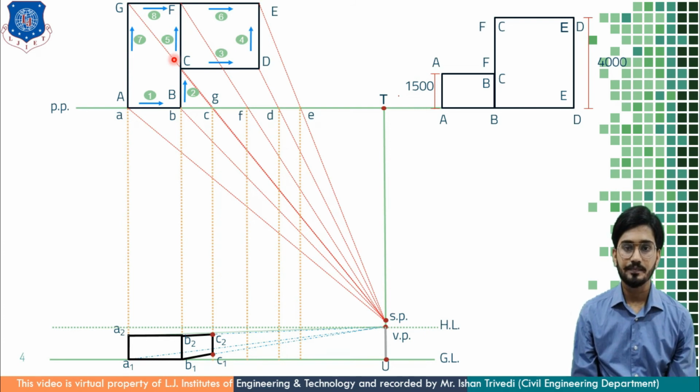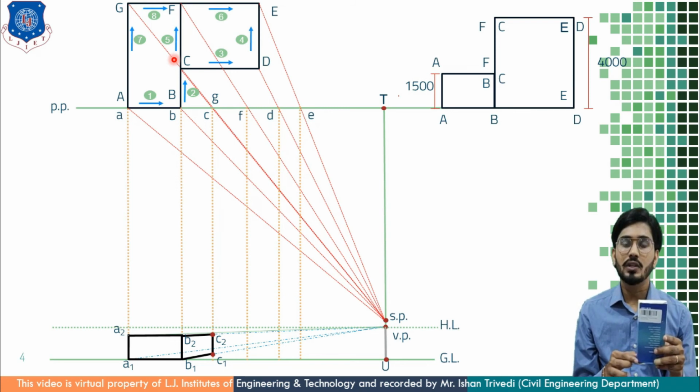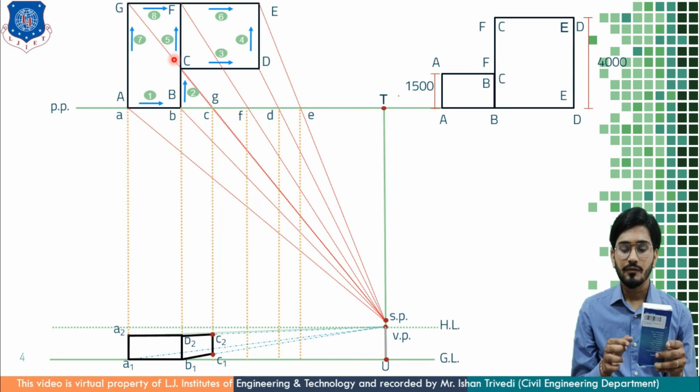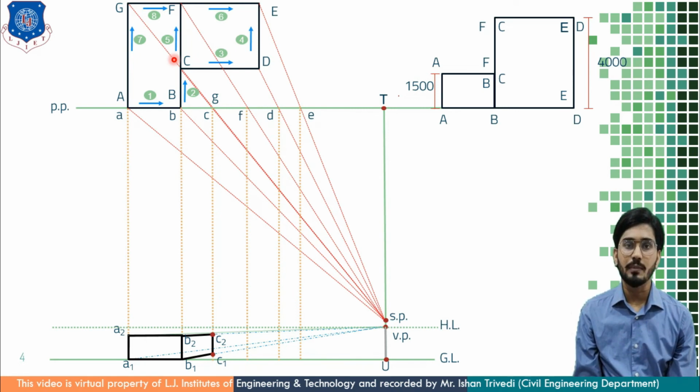Now understand here, first AB. Now C point is a vertical point. So from C point, the height of element is 4 meter, or you can say 4000 mm. So from this C point, I have to mark 4000 mm height, or you can say 4 meter height. But is that point resting on picture plane? No. So I cannot directly measure the height 4 meter and put a point on picture plane.